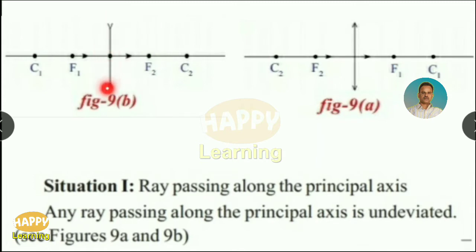Similarly, for a concave lens, the light ray passing along the principal axis has no deviation. It continues its path along the principal axis. After passing through the lens, it continues its path. So any ray passing along the principal axis is undeviated. Next.